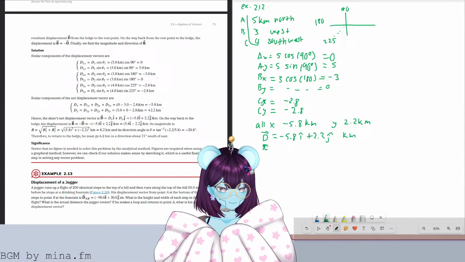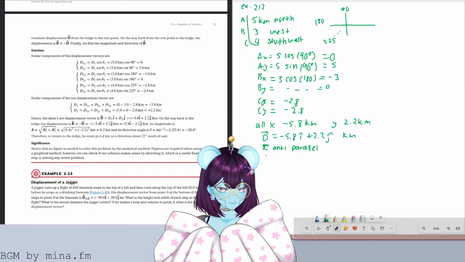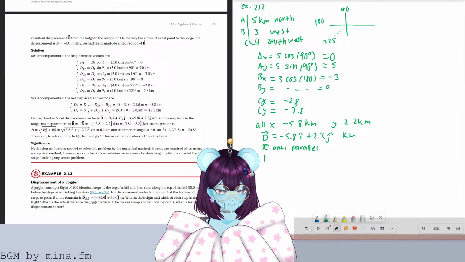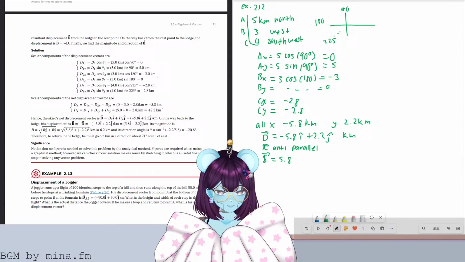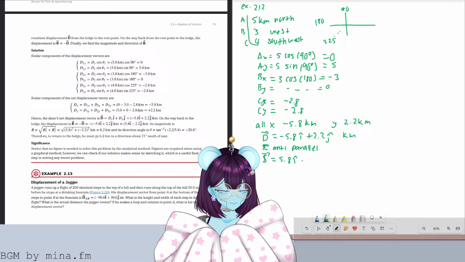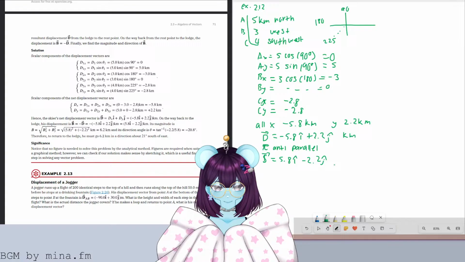So, oops, go backwards, I guess. Anti-parallel, we just take that, what should I call this? S. We'll call this S. 5.8 i hat minus 2.2 j hat. Yeah, so this is how to get back.